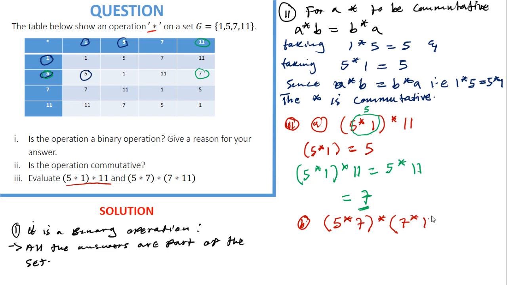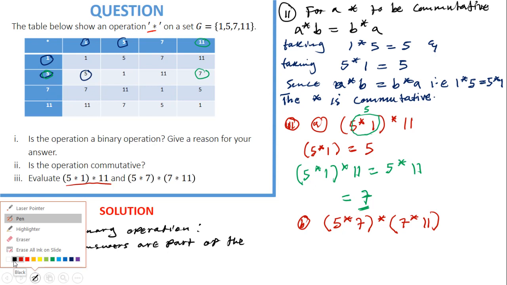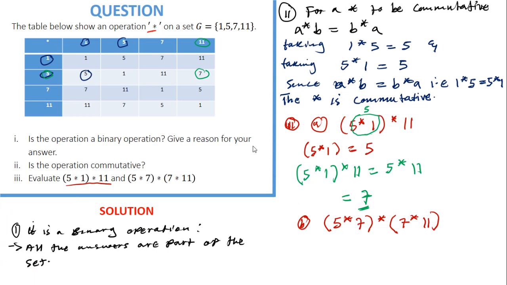Okay, so this is what we have. So what you're going to do is use the same procedure, but right now I'll be a little bit fast because I've already explained it on that particular part.